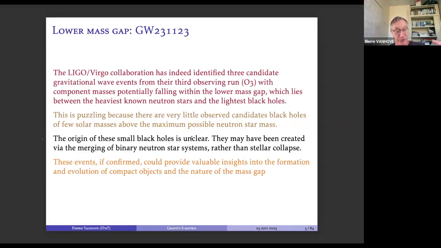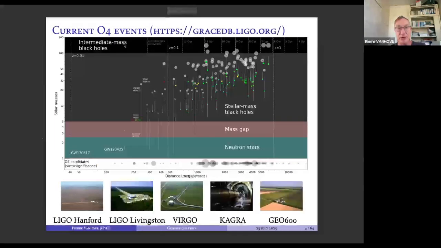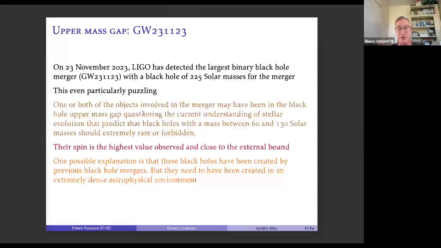So this is a question. If you trust the signal that you have detected, then that opens a question about the physics of black holes. And there are as well some very heavy black hole detections sitting in the upper band. So there is a lower band question and an upper band question.